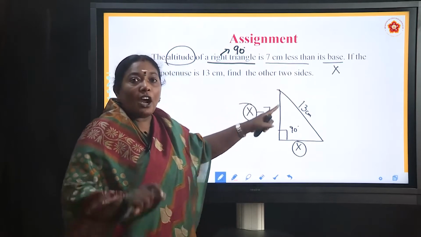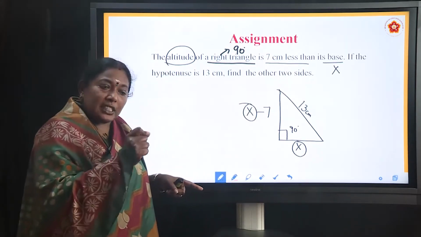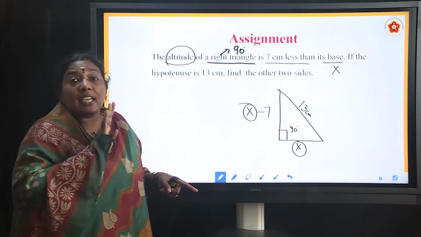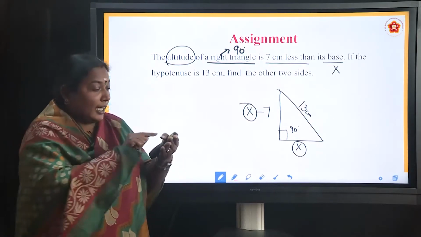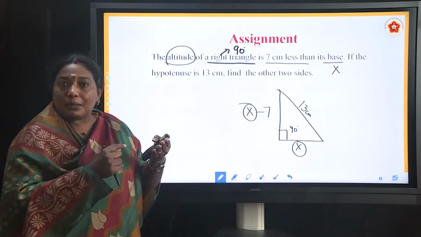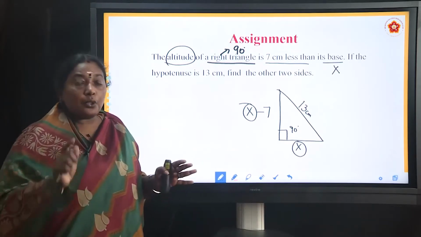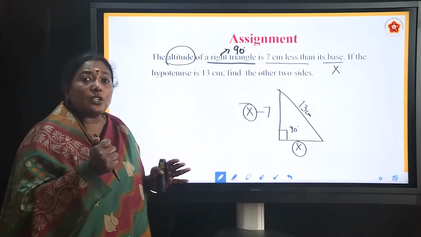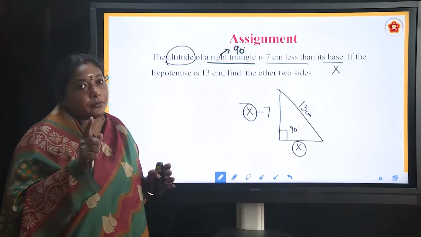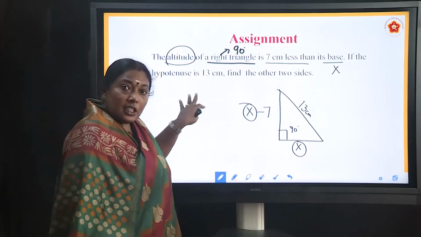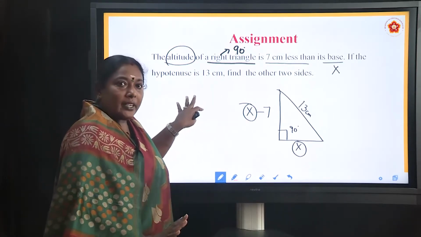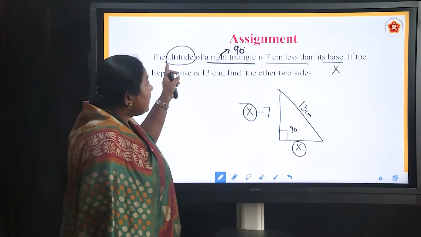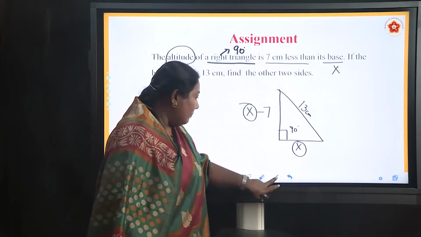You have to be very clear which chapter this question belongs to, because in our question paper they are not going to give the chapter name, they will give only the questions. You have to be very clear which question belongs to which chapter. Now you are clear that this question belongs to the 4th chapter, quadratic equations. Why? Because one variable is depending on the other variable, right?